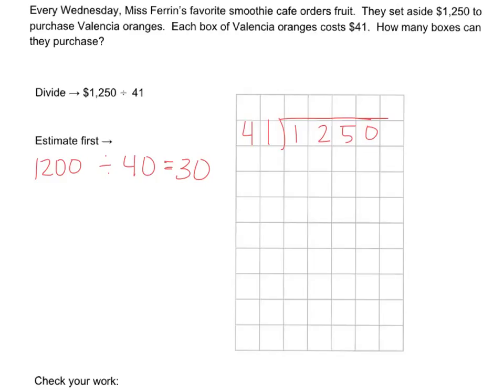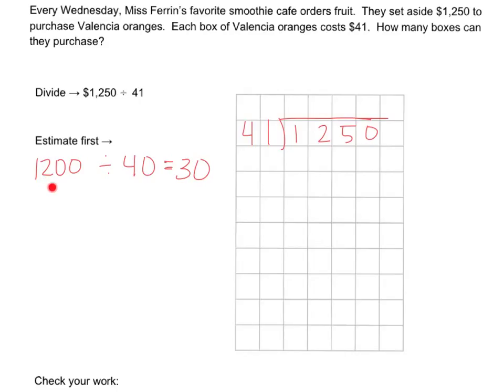Okay, I'm going to divide kind of like using my estimating. I'm thinking, okay, well, 41 definitely can't divide just into 1 or 12, but I can go into 100 or 125.